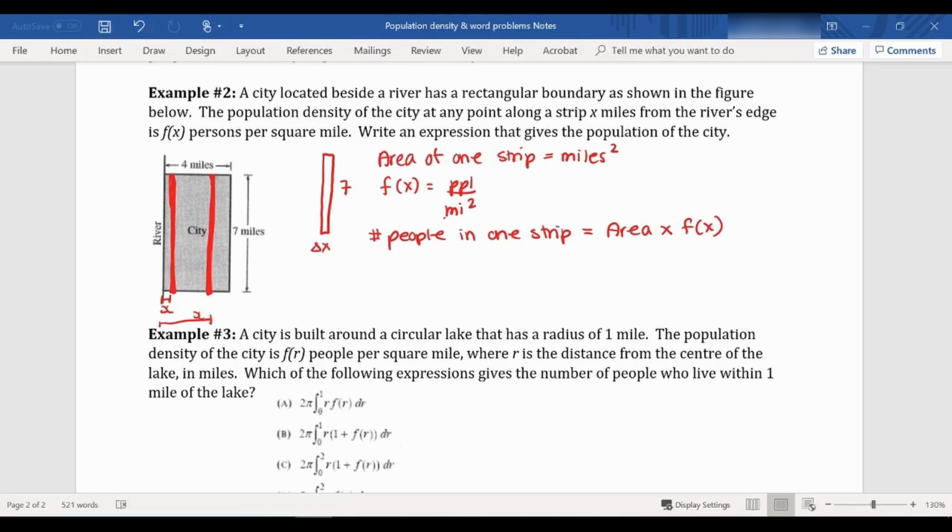So the number of people in one strip would be the area times f of x. Or for us, the area of one strip is 7 delta x, length times width. And this would be times f of x, whatever our f of x may be, which means our total number of people would be adding all these strips together.